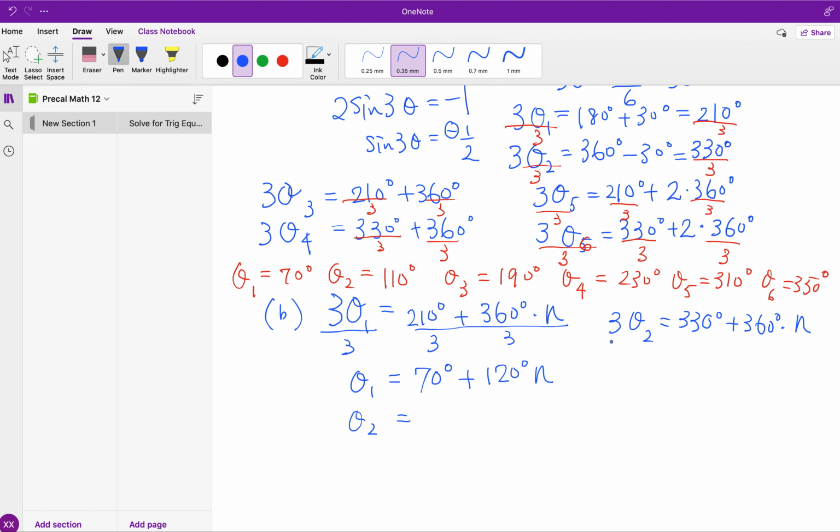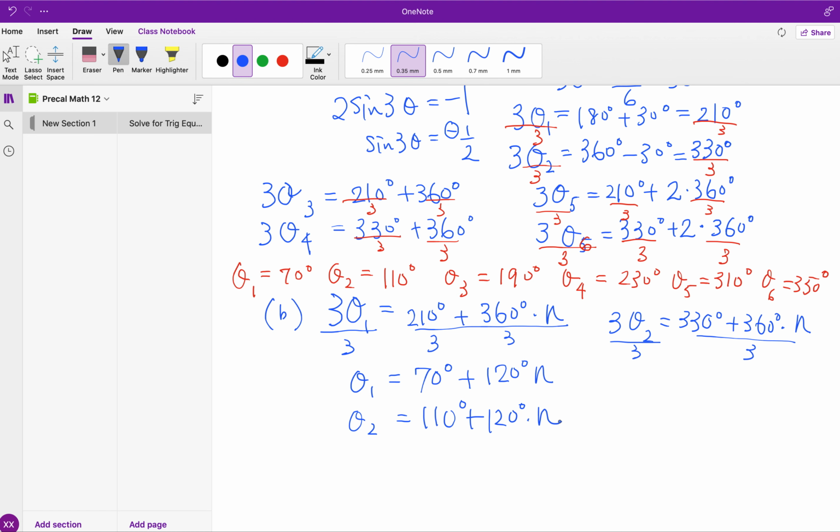So in this case, I'm going to divide by 3 here. Therefore my theta 2 is 110 degrees plus 120 degrees multiplied by n. So this is my general solution.